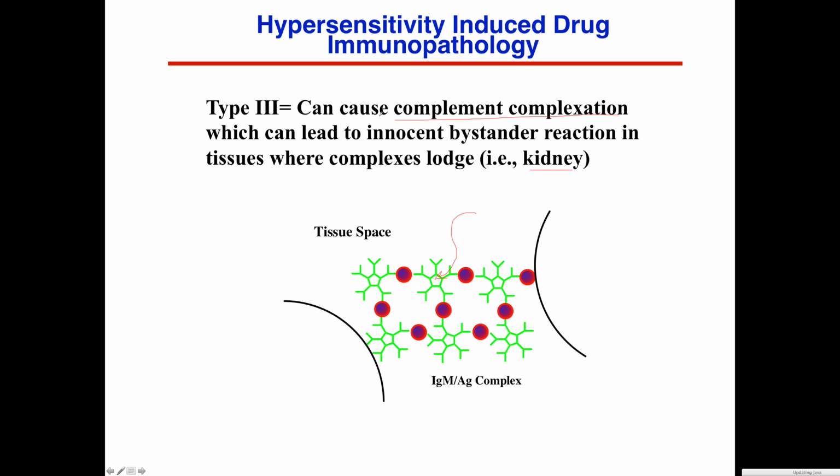So that's generally when we talk about type 3, we're talking about complex formation and then bystander effects in the tissues, where you get effects on tissues as you get precipitation of these big complexes that are huge. Because each one of these antibodies, right, for IgM is about 1 million Daltons. So these can be huge complexes.